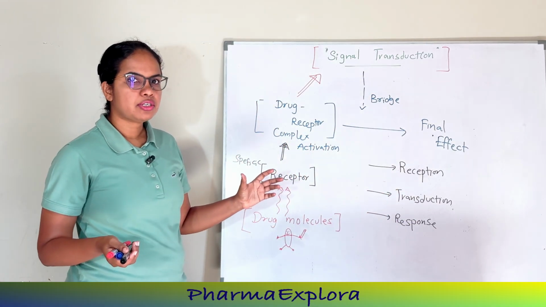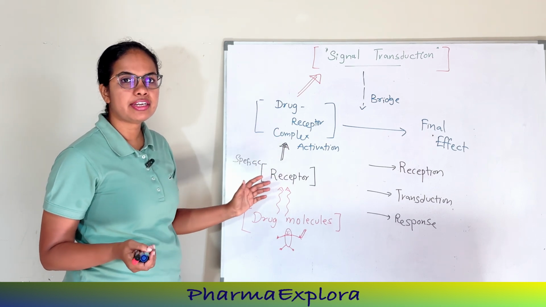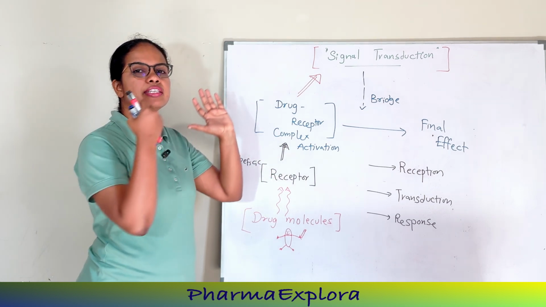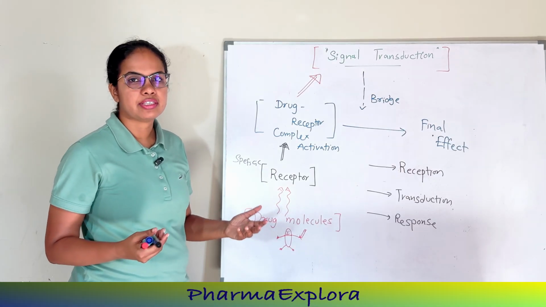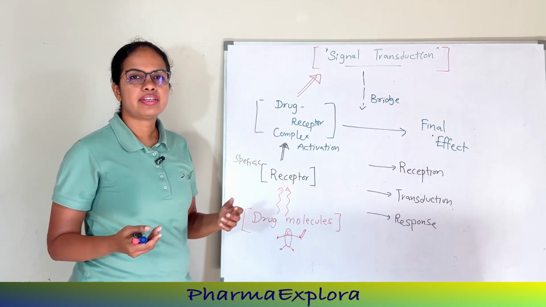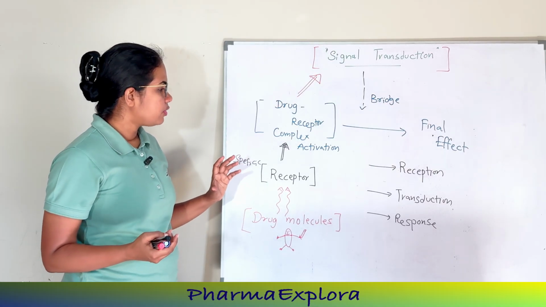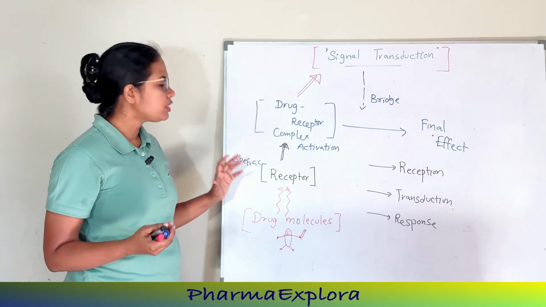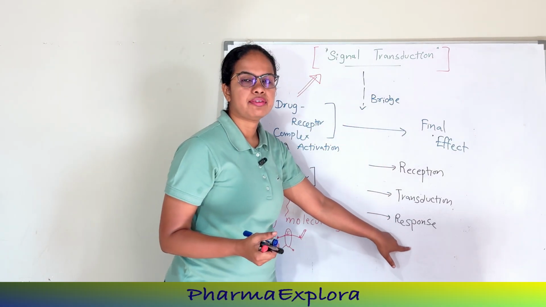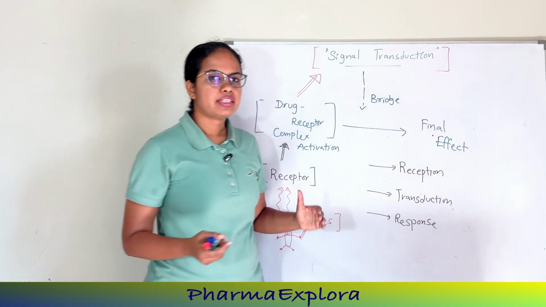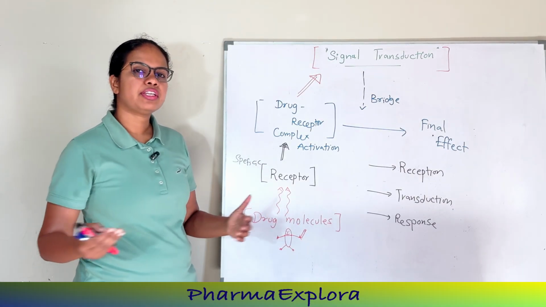Then the transduction, the second step. During the transduction, what will happen? The drug receptor complex gets activated and it initiates a series of molecular reactions as well as biochemical reactions within the cell, and it will cause the final effect, the response. The response is like the final runner finishing the race.